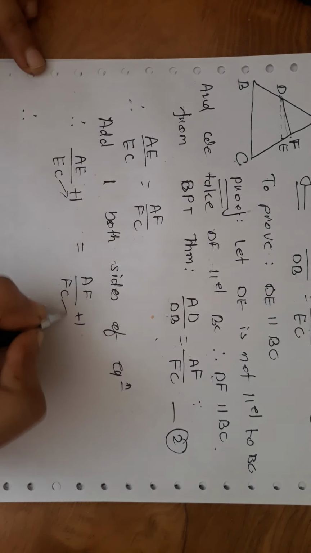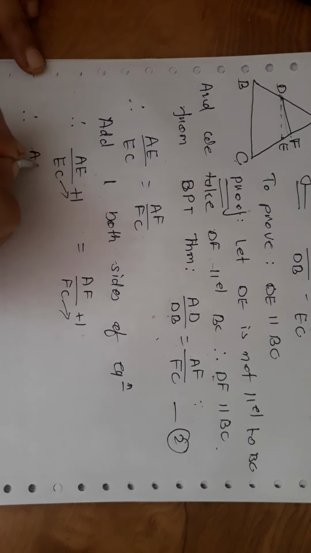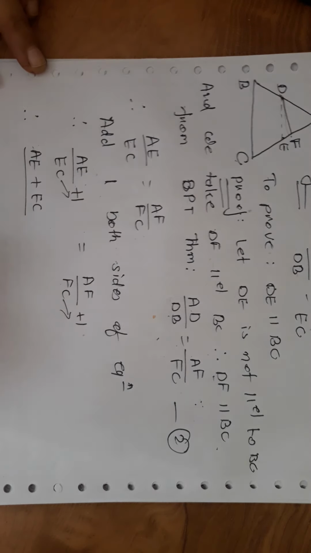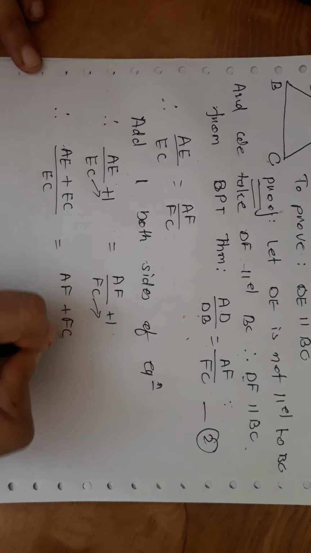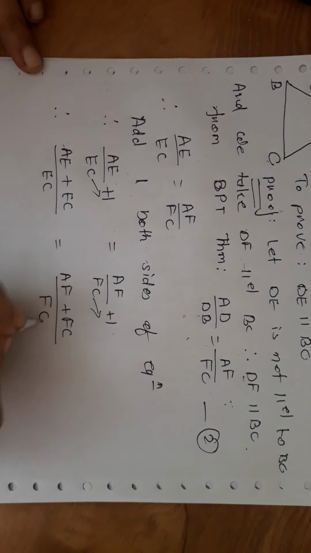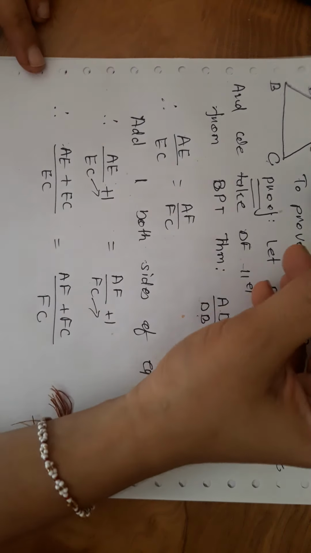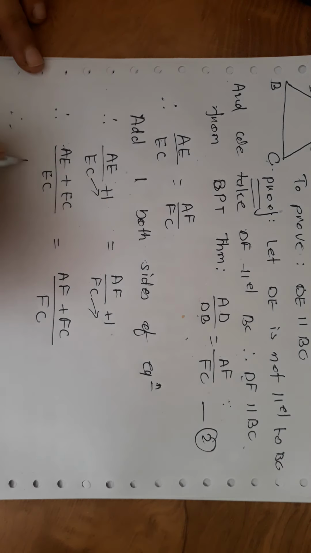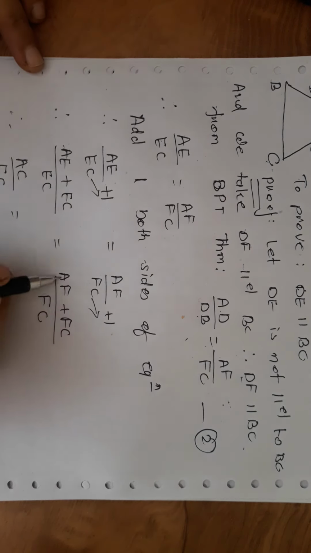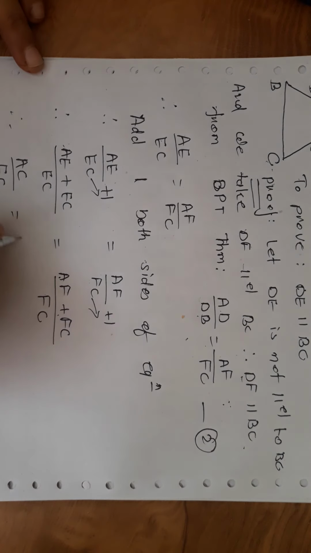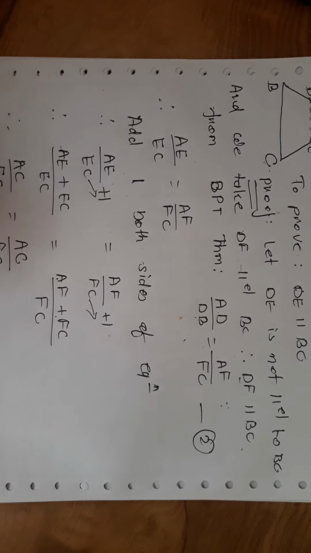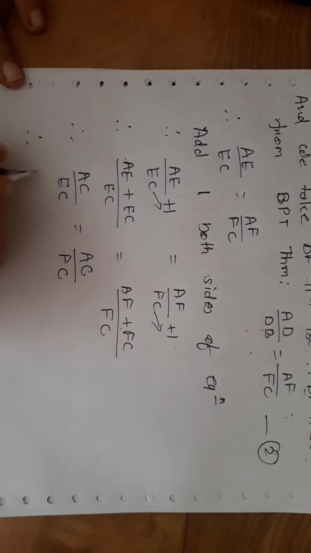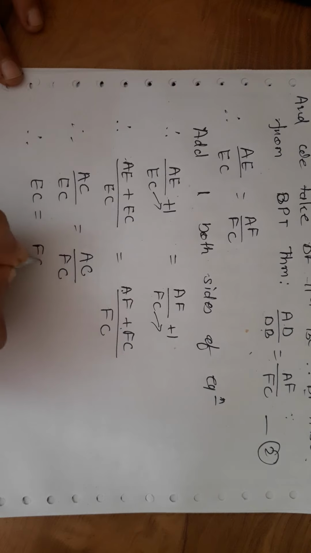Therefore, AE plus EC upon EC is equal to AF plus FC upon FC. Now AE plus EC is nothing but the whole side AC, so we have AC upon EC, and AF plus FC is also AC, so AC upon FC. We can cancel AC from both sides, so finally EC is equal to FC.